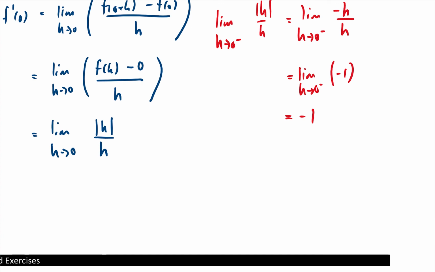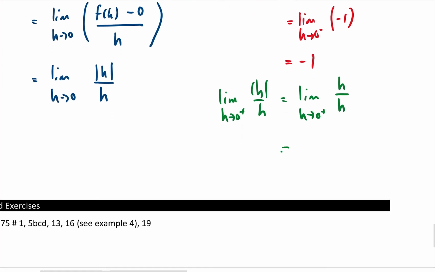Now let's take 0 from the right. So it's the limit as h approaches 0 from the right of the absolute value of h over h. In this case, since h is positive, I can just write this as h over h. And that's equal to the limit as h approaches 0 from the right of 1, which tells us that's equal to 1.